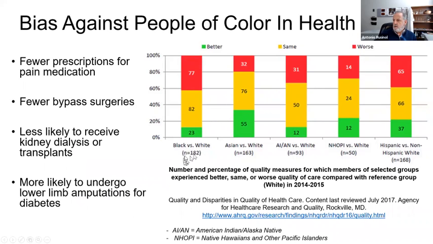And this is not only for people of the black race, but for all the different races and colors. It's a really good study if you want to see it in more detail.